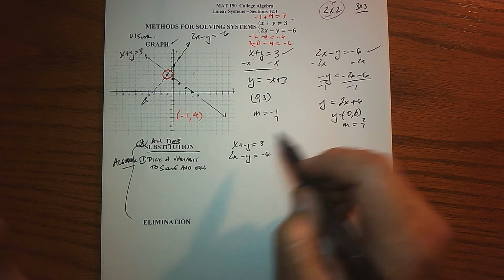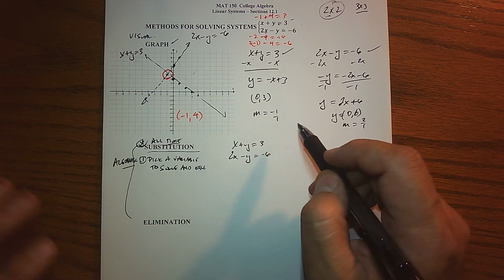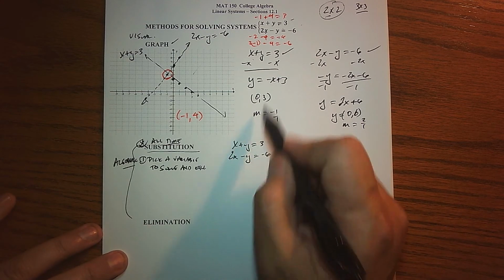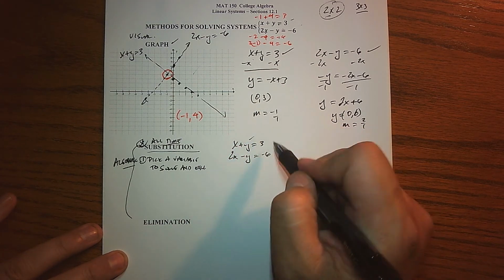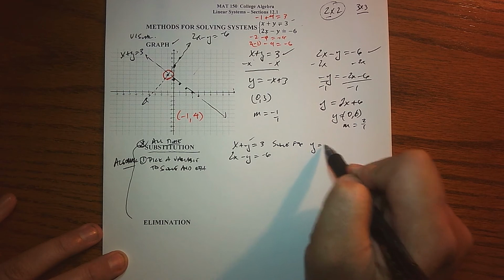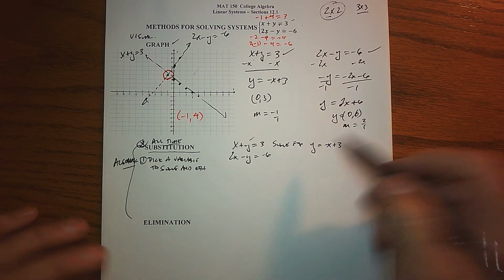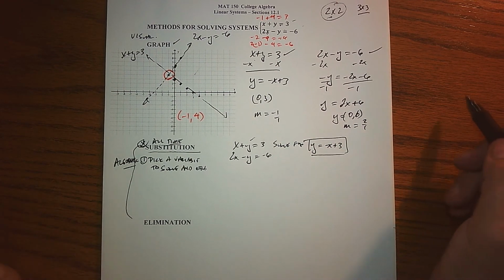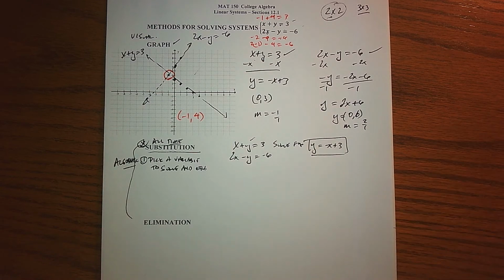So I have to solve for one of them. I'm just going to choose an easy one because we've already done it. How about we solve for y? And we've already done that. y is negative x plus 3. So there's step 1: solve for one of the variables in one of your equations.